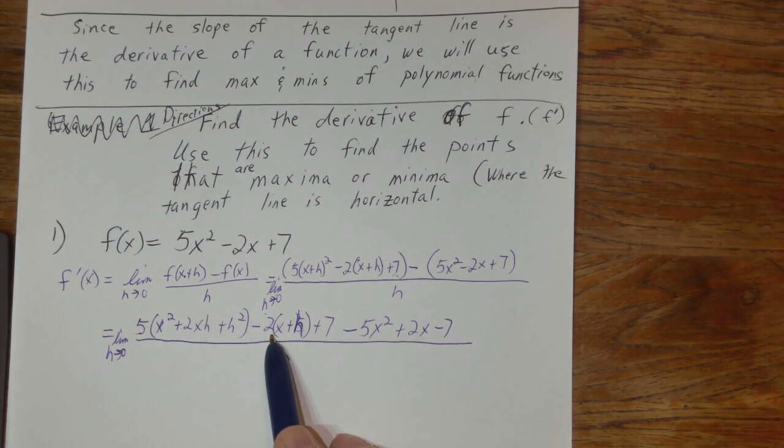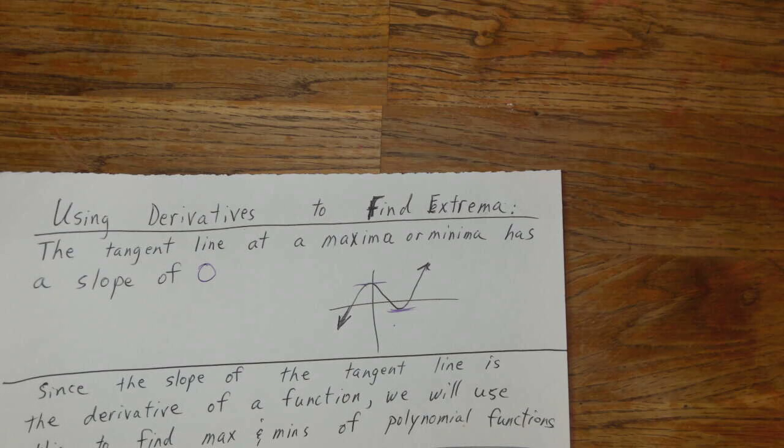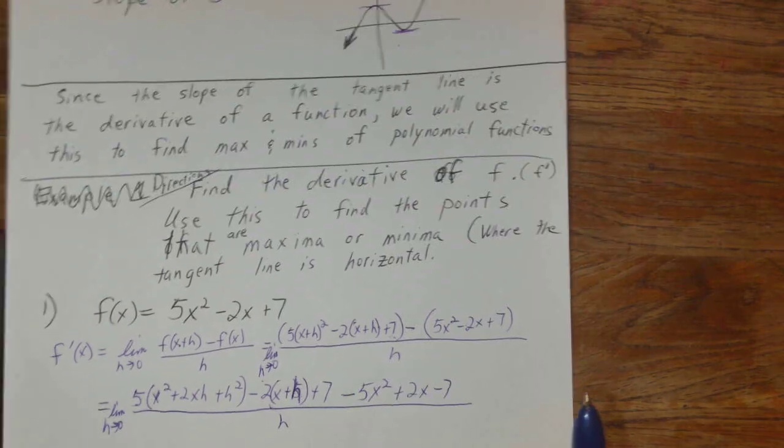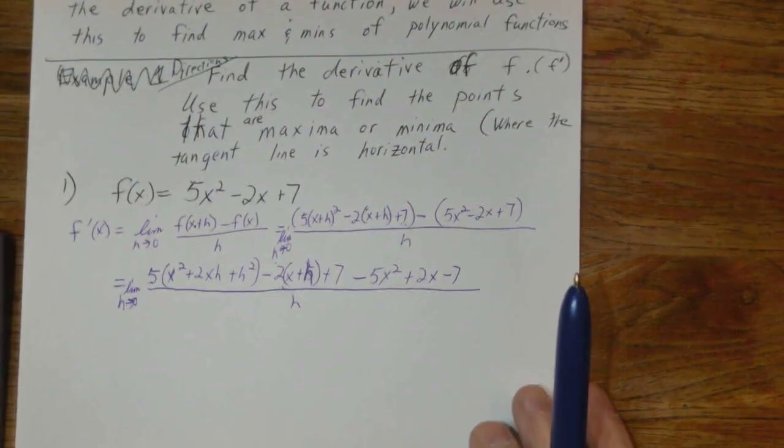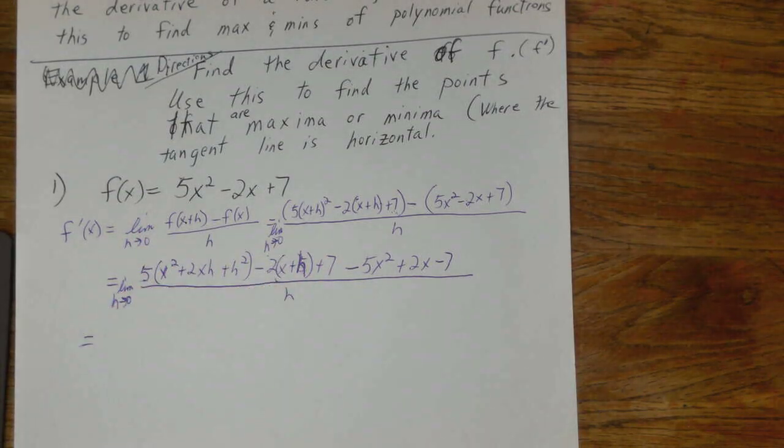Once I find the derivative, I'm going to set it equal to 0 because up here we said the tangent line slopes where those are zeros, that's where we have maxes and mins. If I said that too quickly, I am going to go over it all again.